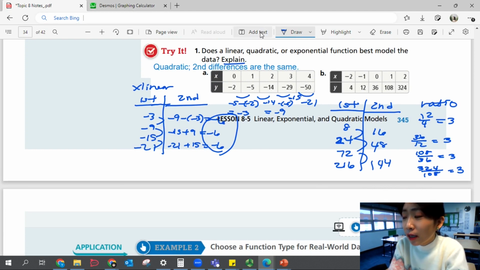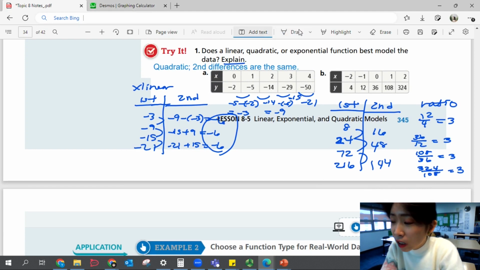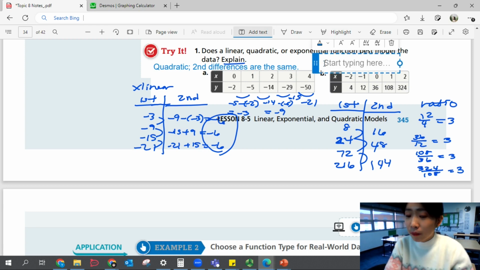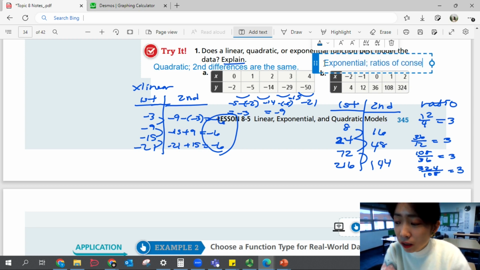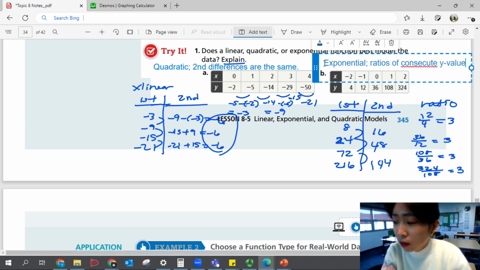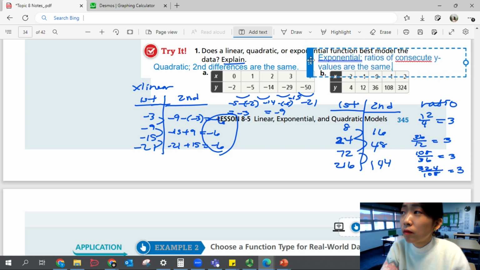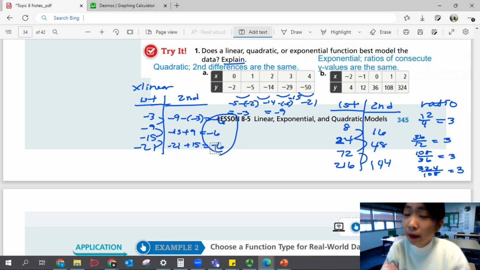So we can say that the exponential function is going to be the best function that fits the data set, because the ratio of consecutive y values are the same.